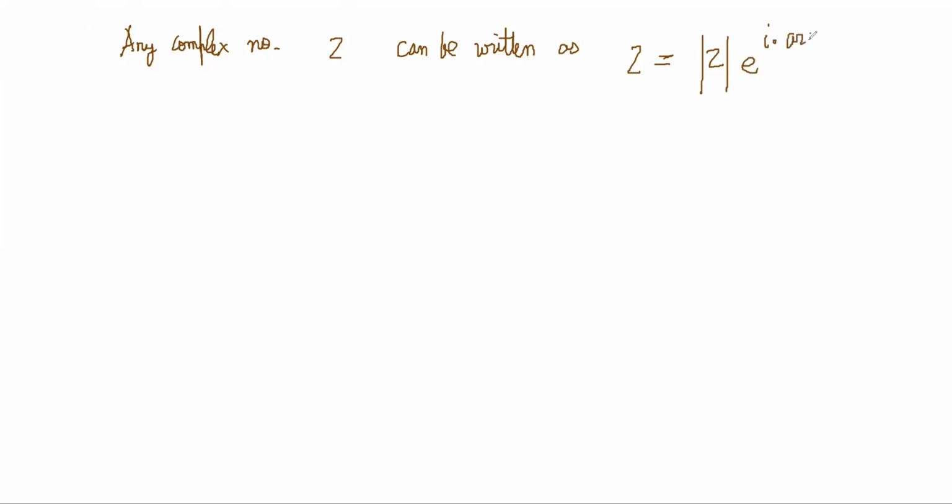So first thing to know here is any complex number z can be written as z is equal to mod of z e power i argument of z, basically r e power i theta. Any complex number z can be written as mod of z into e power i argument of z.